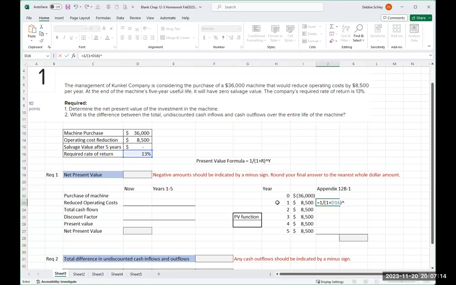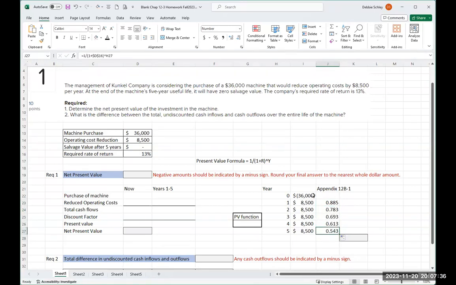And then I'm going to reference year 1 right here. Now, before I click away from this, I am also going to anchor the cell where I have the rate. Okay, so now I can drag this down.